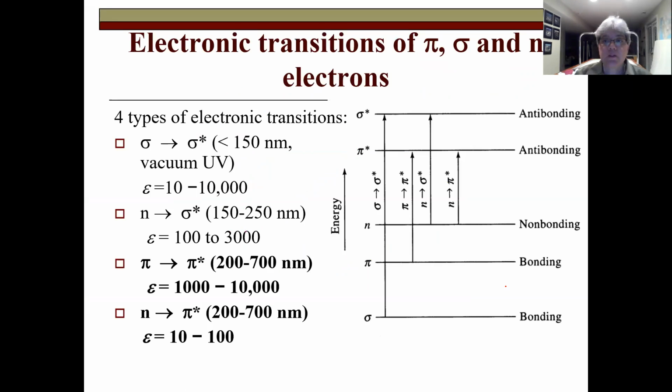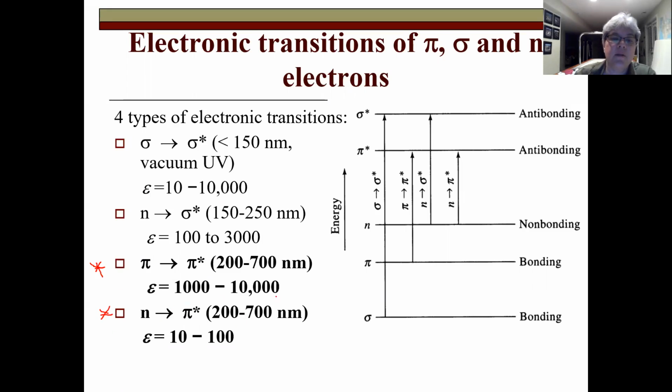Okay, so for organic molecules, what do you need to know? We talked about these 4 kinds of transitions, but we said really the only 2 that are commonly used, the 2 that are most important, are pi to pi star and n to pi star. So you should know these 2 transitions.